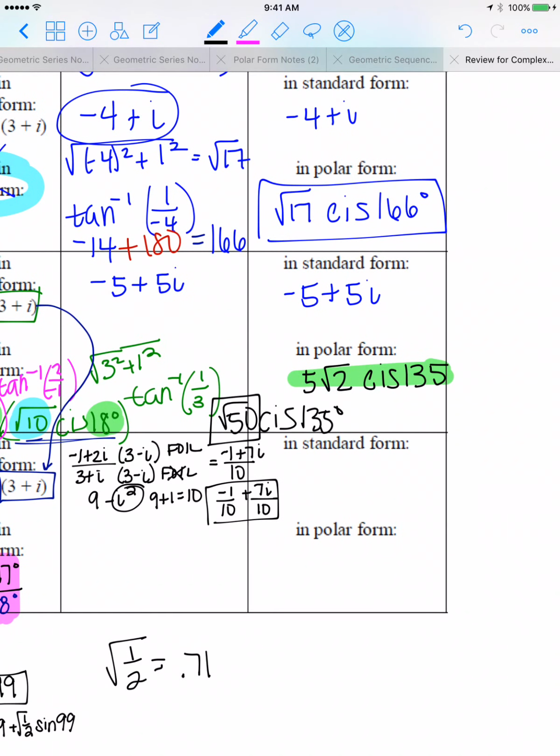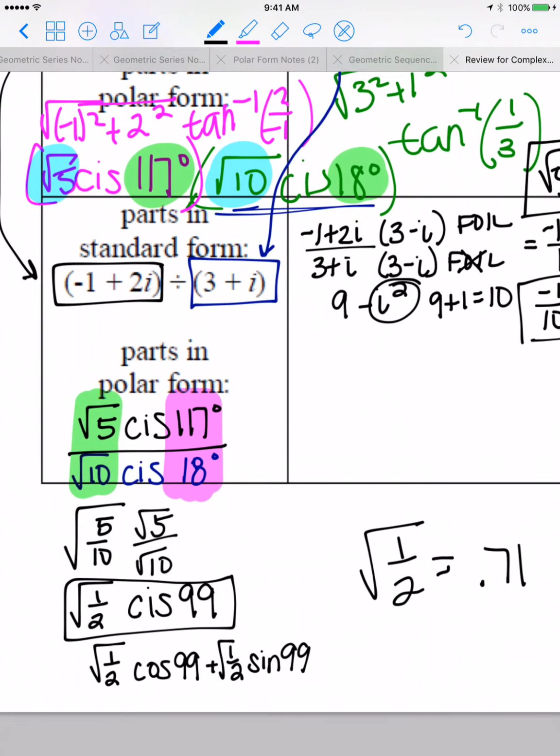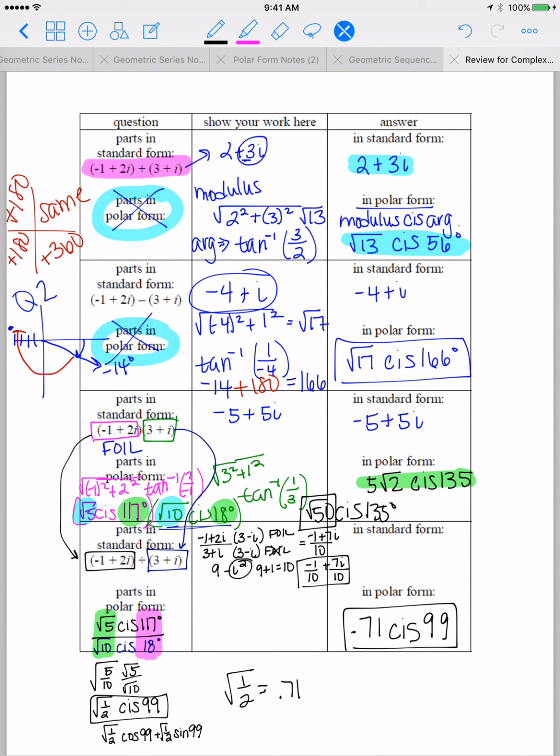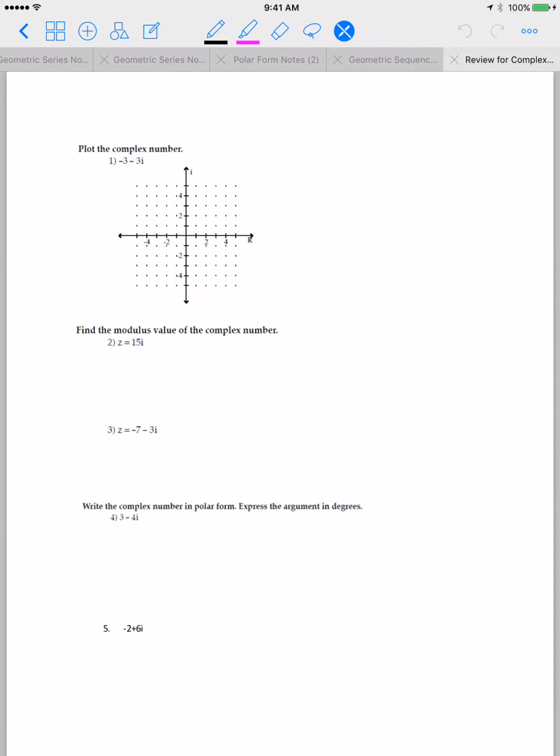So we are 0.71 CIS of 99, and that is our polar form. Okay, sorry about that. I got myself in this circle, and then I wanted to go put it back in rectangular form, and that's not what we're trying to do. We're trying to put it into polar form. So we're done. All right, let's keep going.